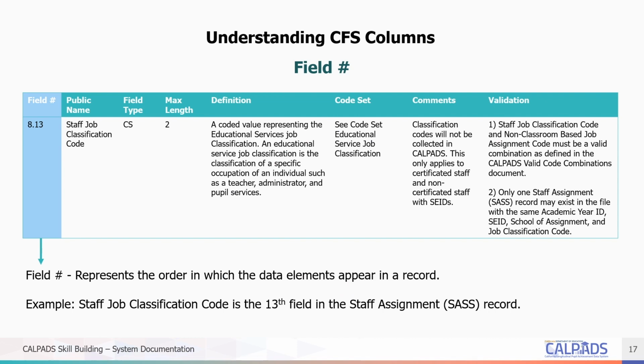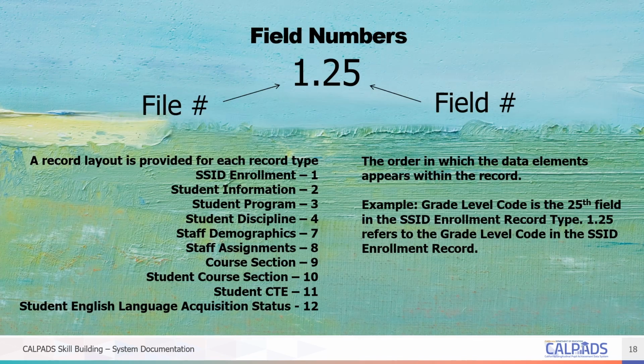Inside of the tabs, each file type has the same headings. The first heading in each tab is the field number. The field number is the order in which the data element appears within the record. The field number will always be a number, followed by a decimal, followed by a number. The number before the decimal represents the number of the file type.